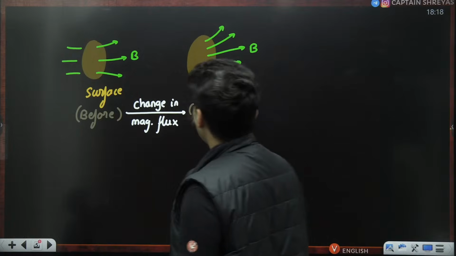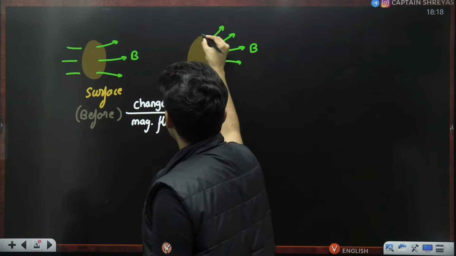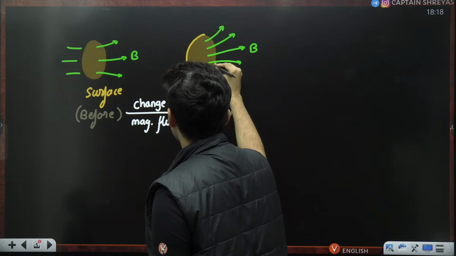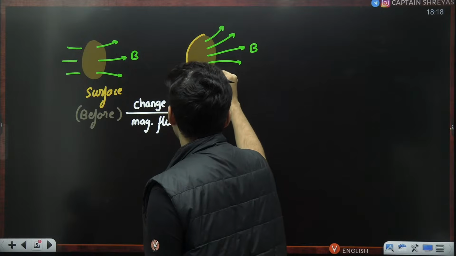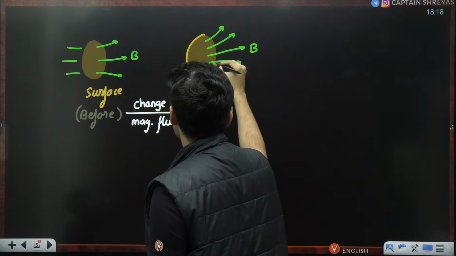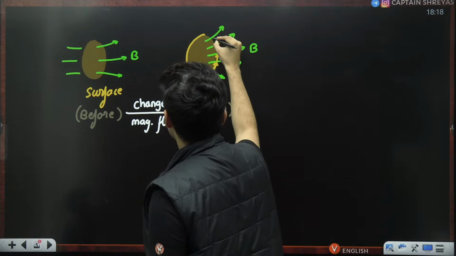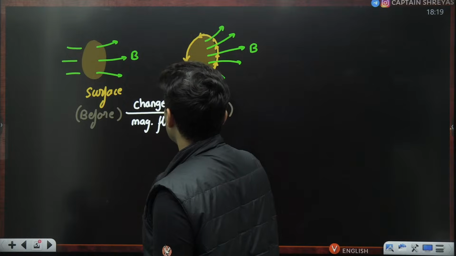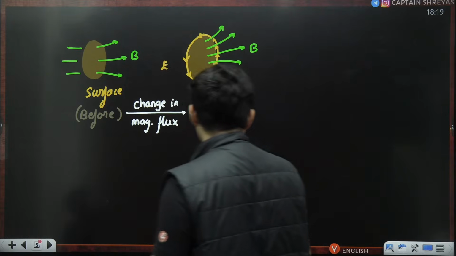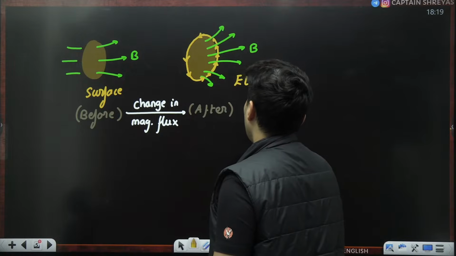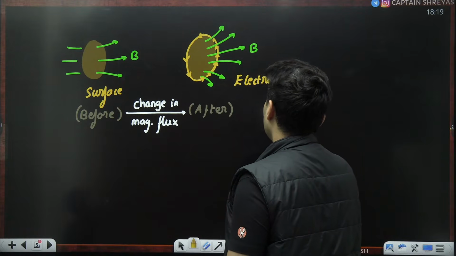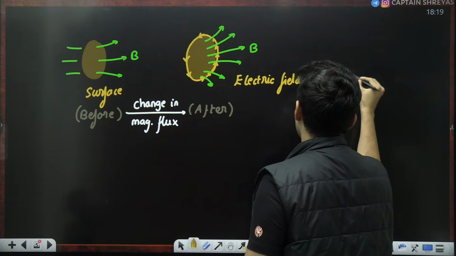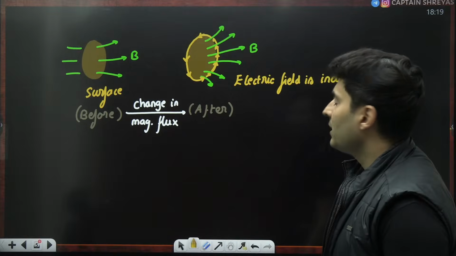Because of the change in flux, across that particular area where you have changed the magnetic flux, you will see that there will be an electric field which is induced. Electric field is basically induced.